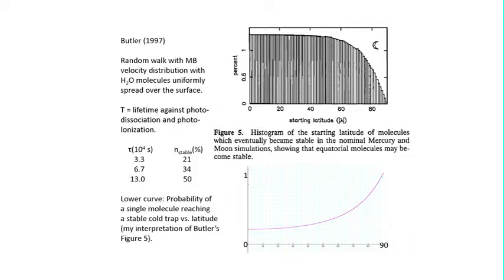What fraction of them? He said, well, what's hindering them? And it's mainly photodissociation and photoionization. And that is a parameter of his model.